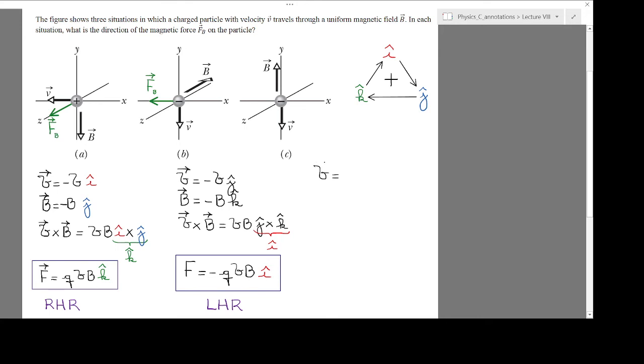So this is going to be the velocity minus Vj, and the magnetic field is going to be Bj, and then the vector product is going to be 0.